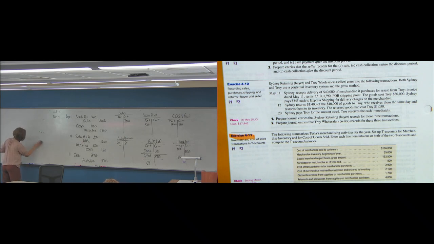And I'm going to do one of my favorite things, just like I did at the beginning of this chapter, a side-by-side comparison. In the parentheses there, it says what? Buyer.